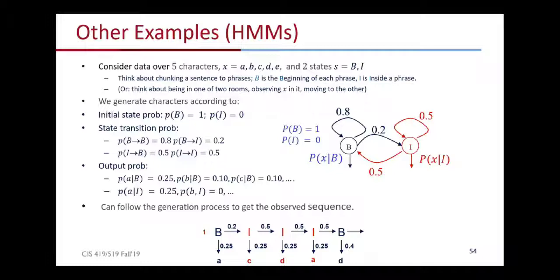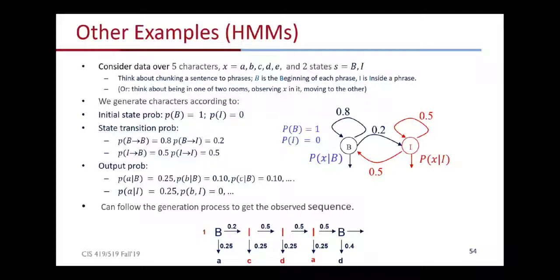Oh, so all the probabilities here are unknown. Yes. We only know how many hidden states there are. Right. We know the size of the vocabulary, and we know the number of states. So just like here, in this case, at the top row, I know that the size of the vocabulary is 5, and the number of states is 2. That's what I know.